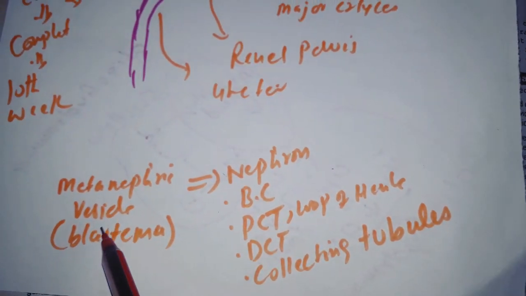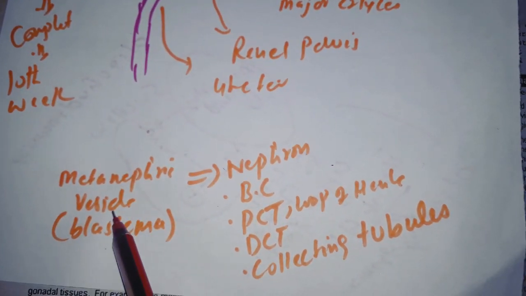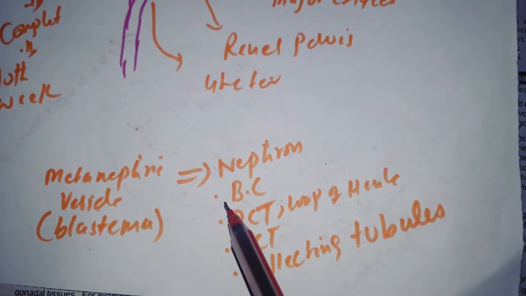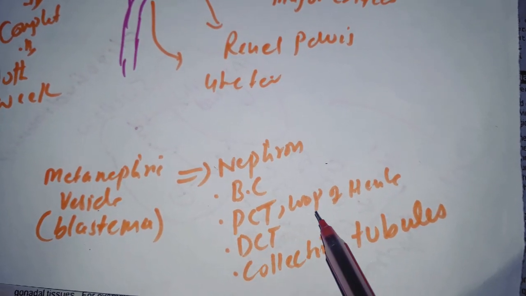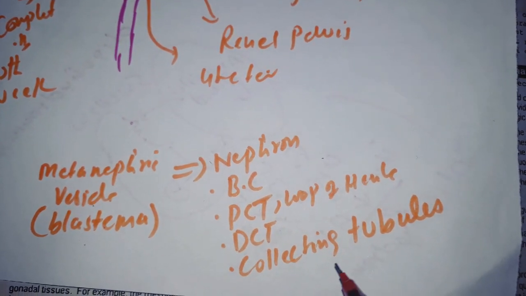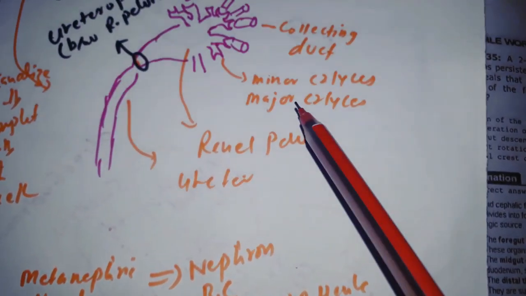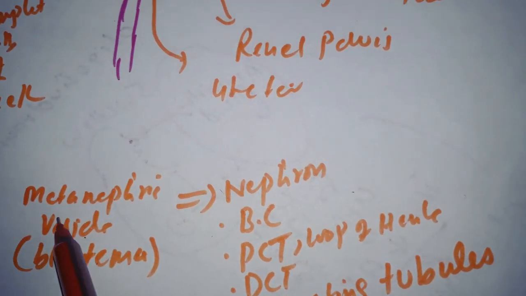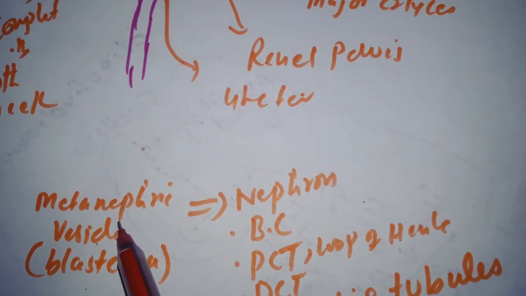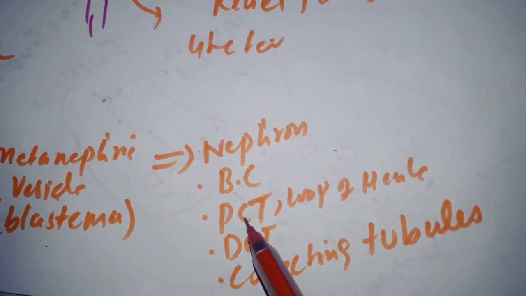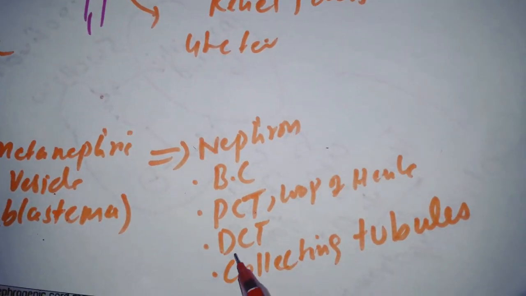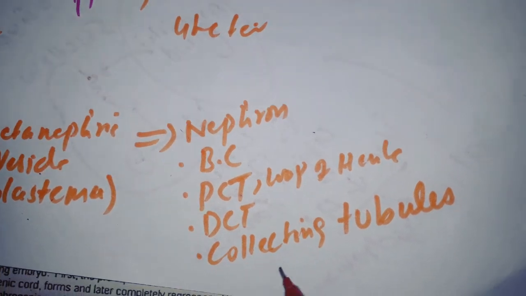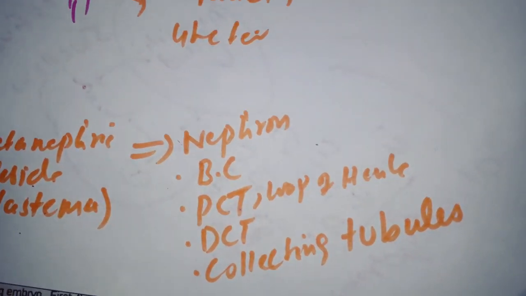And the metanephric vesicle, or blastema, or metanephric mesoderm, is going to give us the nephron, Bowman capsule, proximal convoluted tubule, loop of Henle, distal convoluted tubule, and collecting tubules. So how will you differentiate between the collecting ducts and collecting tubules? Just remember, the tubules come with the nephron, like the metanephric vesicle. You can see proximal convoluted tubules, distal convoluted tubules, and collecting tubules. This is how you will remember it.